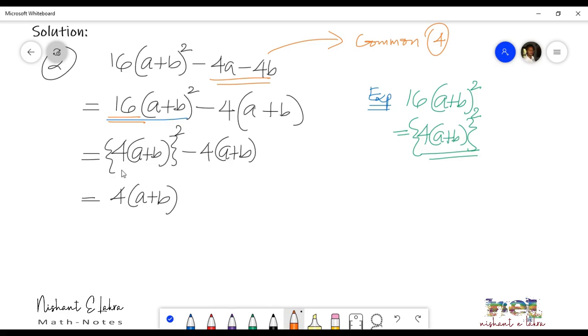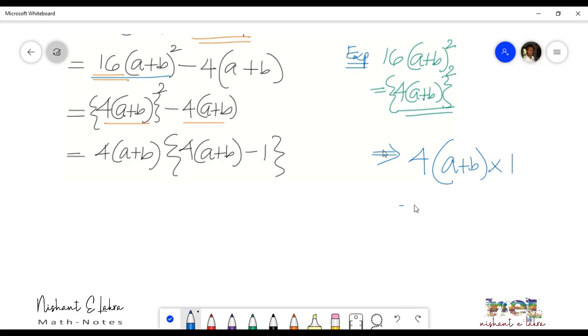Now you remember here that we have got two sets of 4 into (a plus b) in the first term. So what we'll do is separate the common. What is common? 4 into (a plus b), right? So 4 into (a plus b) into 4 into (a plus b) we will get as the first term, which is 4 into (a plus b) curly bracket whole square, minus, from where do we get that 1? 4 into (a plus b) into 1 will be 4 into (a plus b), that is the second term.